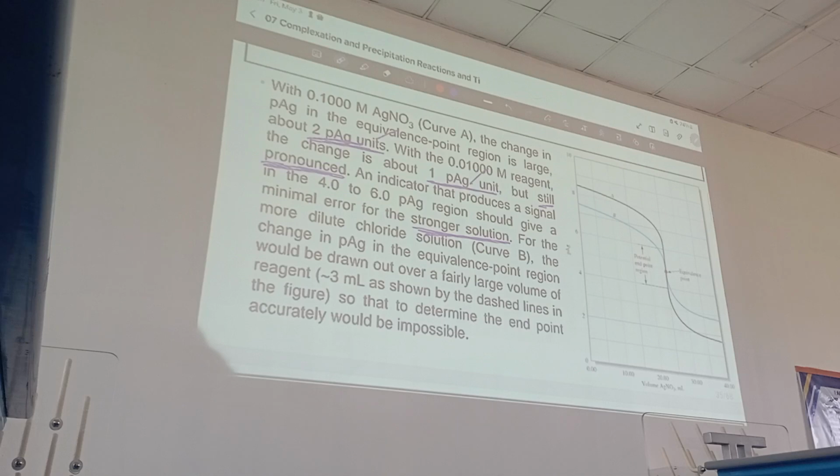For the more dilute chloride, the change in pH in the equivalence point region would be drawn out over a very large amount of volume, making it harder to determine the endpoint accurately.